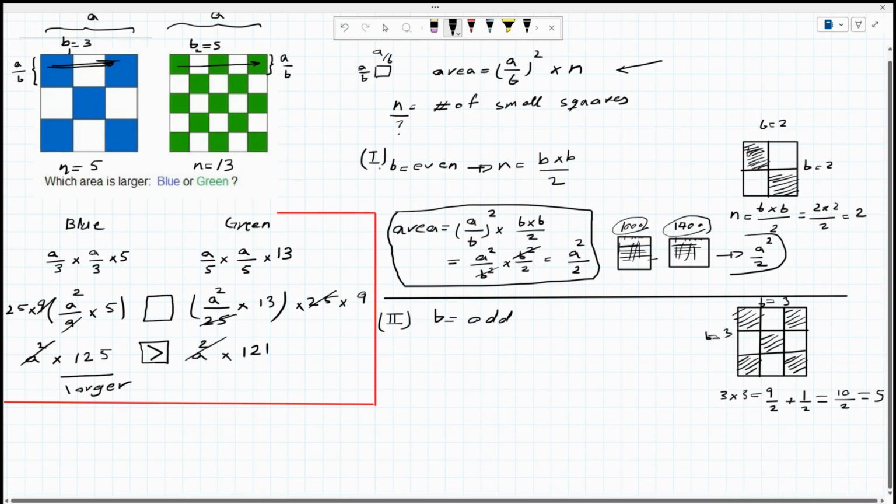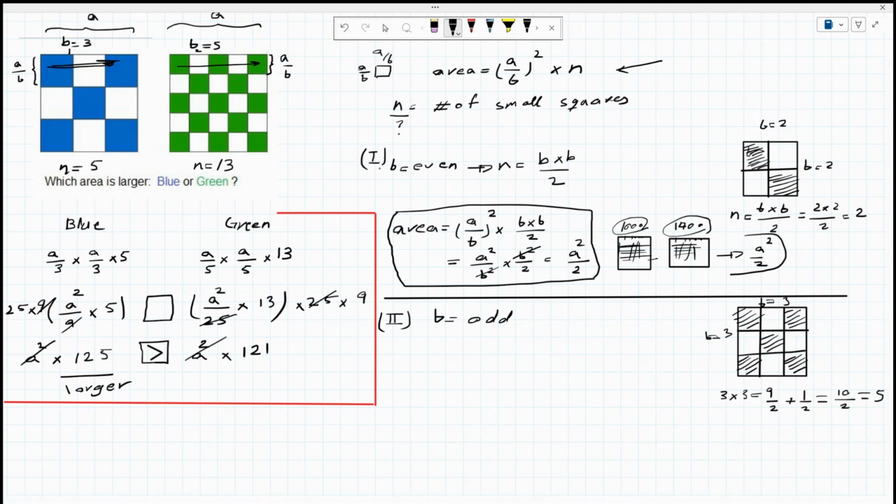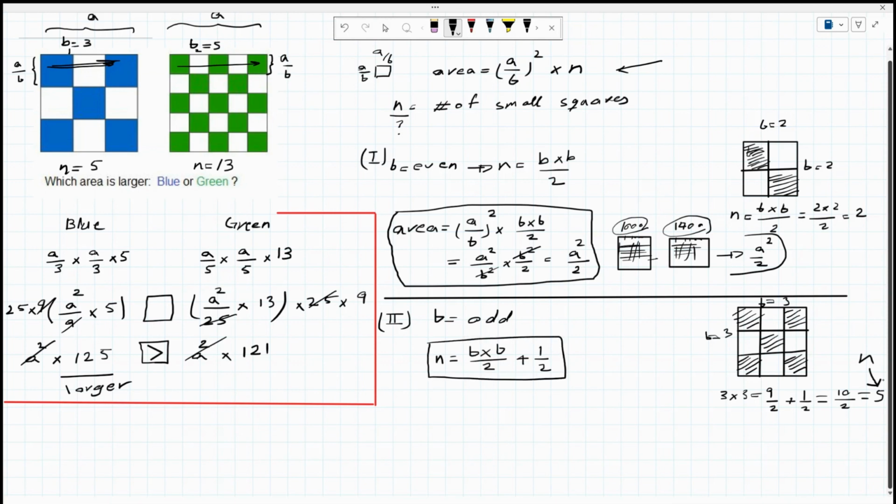So this tells me the relationship between b and n, because n is 5 in this case, and b is 3. So between n and b I have such a relationship: n is b multiplied by b divided by 2 plus 1 over 2. This is the function between n and b, as you see here.